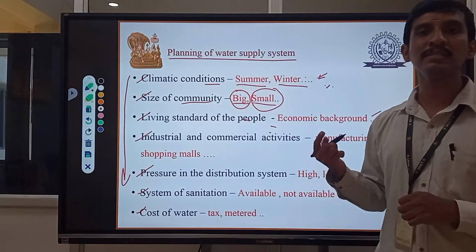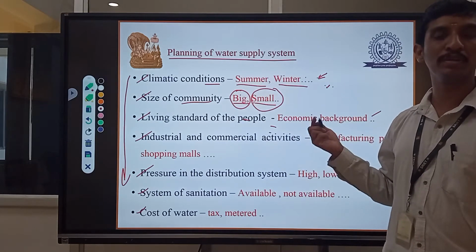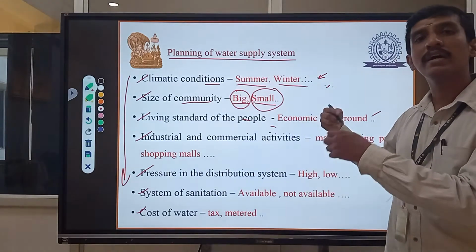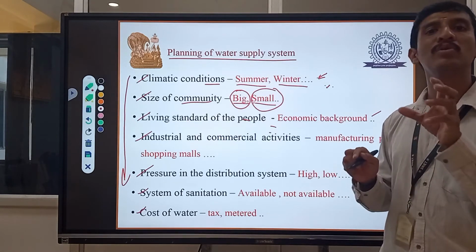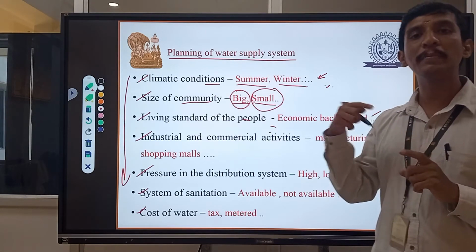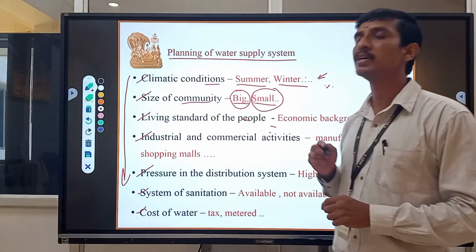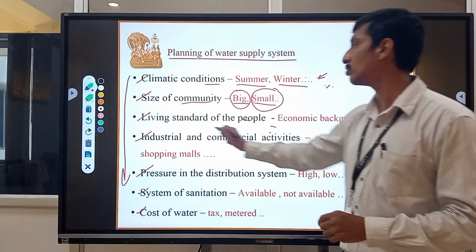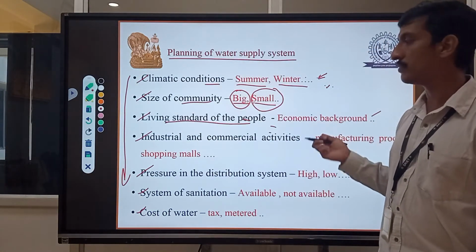In this case they use a large amount of water, so the water requirement is more. But in the case of low economic people, they use a very minimum quantity of water. They use only public bathrooms, toilets, and so on, so they use a minimum quantity of water. So according to the living standard of the people, the requirement of water will vary.